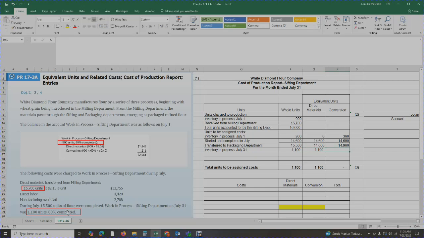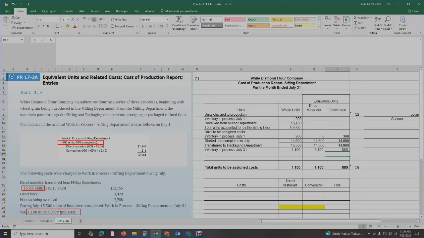Now for conversion, we've got the 1,100 units, and according to the problem, they're 80% complete. So we're going to multiply it by 80%. That will give me 880. So for conversion cost, we've spent 880 on converting the products.